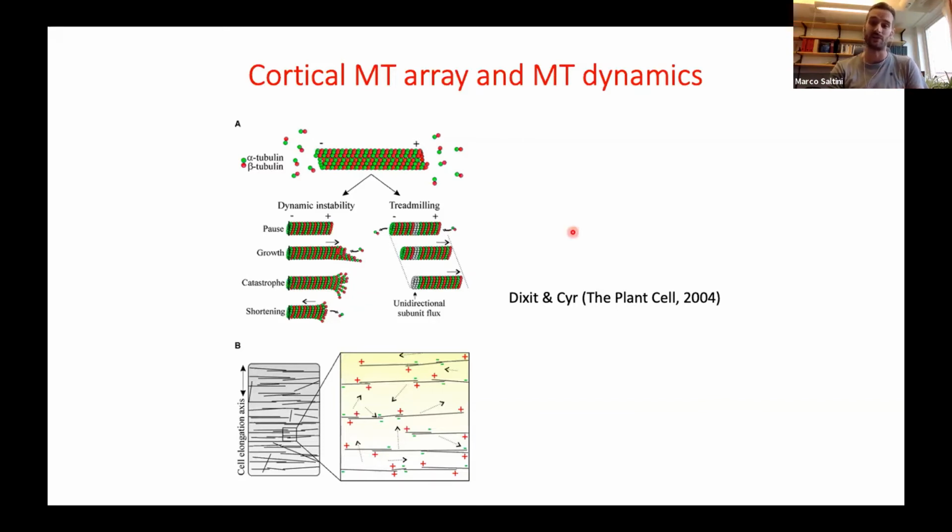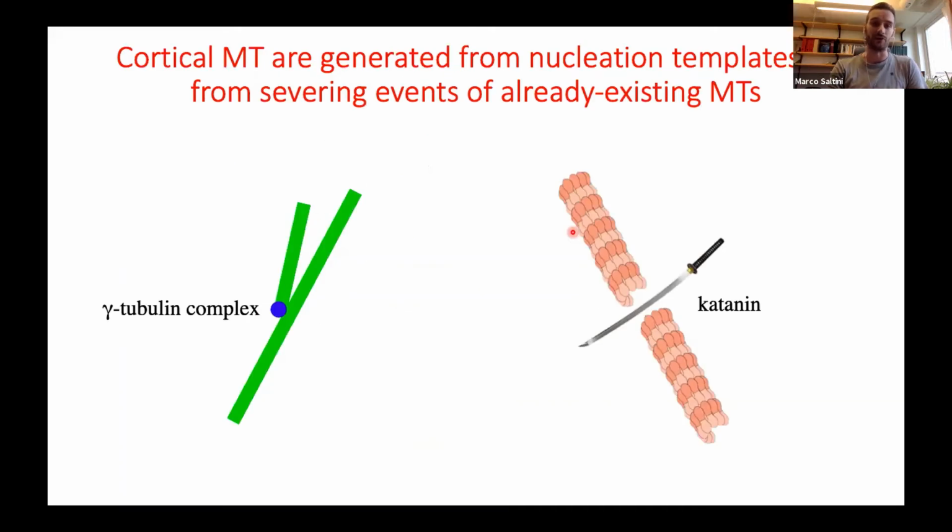new polymers. In plants, as you all know, polymers like microtubules are generated in 2 distinct ways. They can be generated through a nucleation template, for instance a gamma-tubulin complex, which in the case of plant microtubules is most of the time located at the microtubule lattice, or through severing events of already existing microtubules.